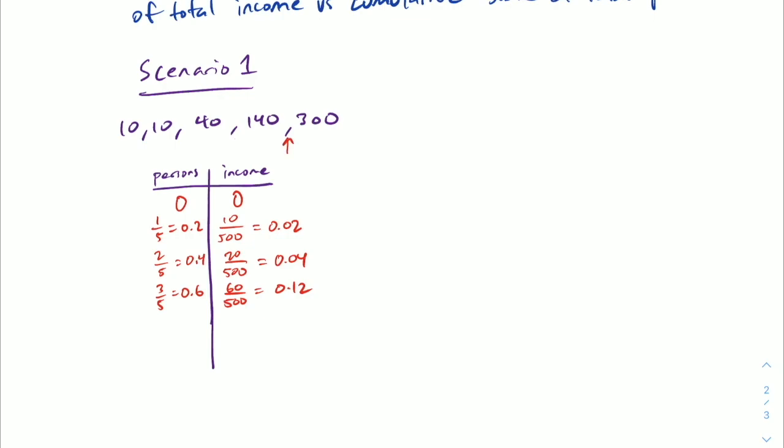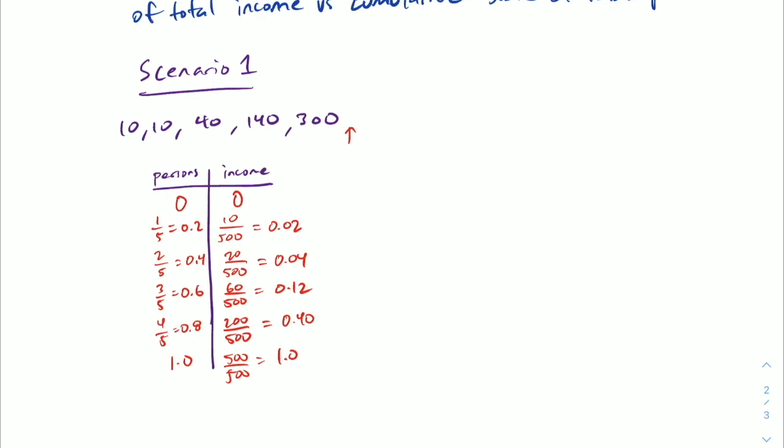We've gained 4 out of the 5 people, so we've accumulated 80% of the people, and we're at 200,000 over 500,000 now, adding up all these incomes from 140,000 back, and that's 40% of the income. So we've gained 80% of the people and 40% of the income. And then the last person, we've gained 100% of the people and 100% of the income. So we filled out our table.